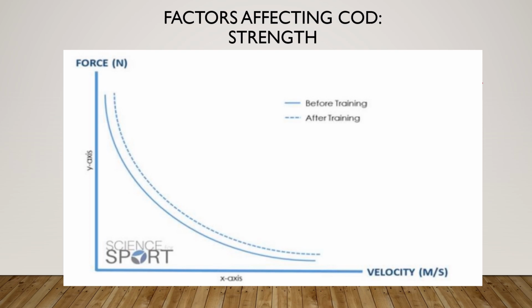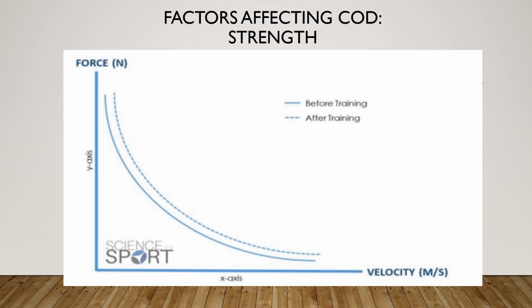So if we're able to develop a higher amount of force at the same velocity, that's going to significantly improve an individual's ability to change direction, particularly through that acceleration phase as we re-accelerate out of the turn.